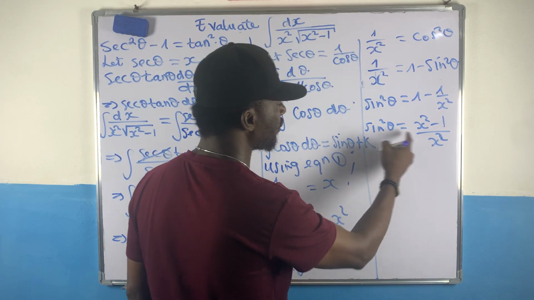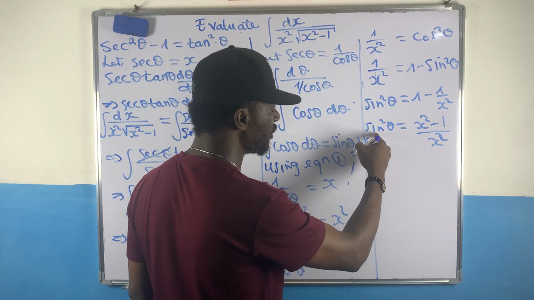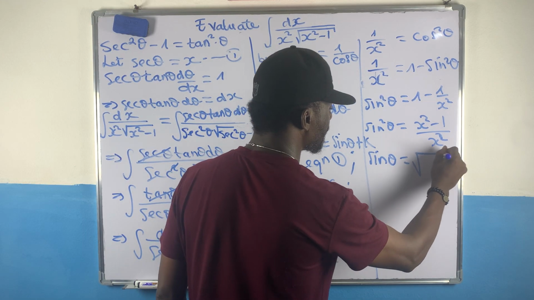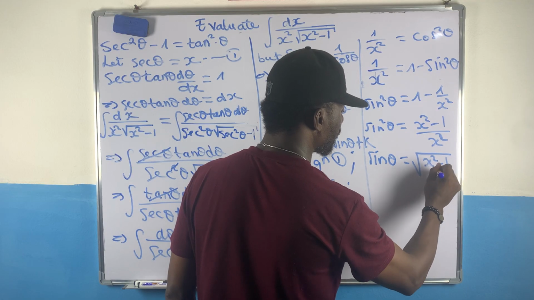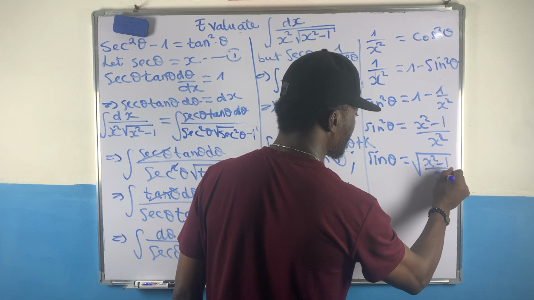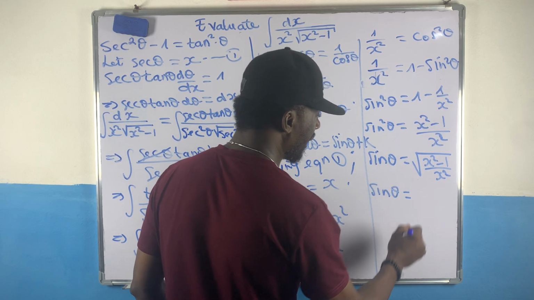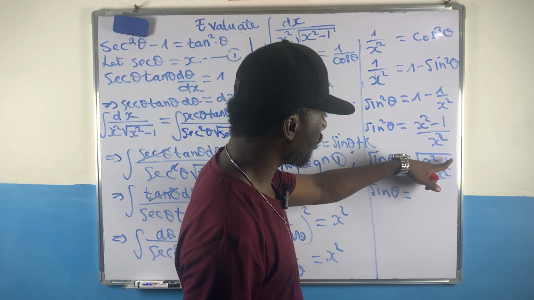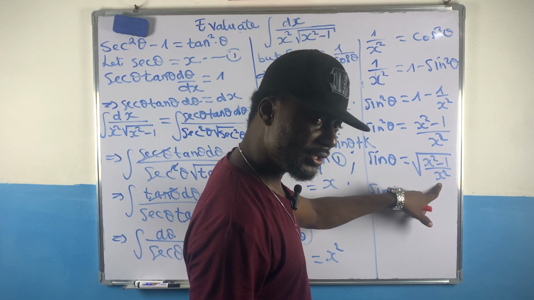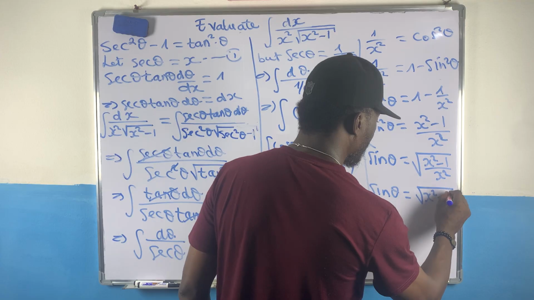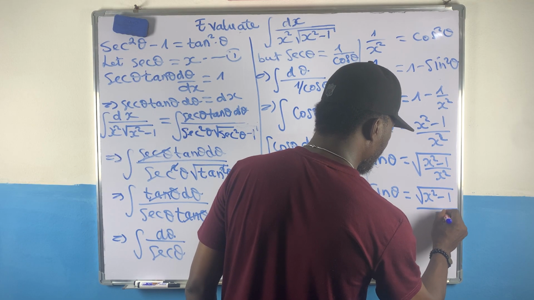Now when we take the square root on both sides so that we can have a relationship for sin theta, we're going to have sin theta equal to the root of x squared minus 1, all that divided by x squared. The square root on the numerator and the square root on the denominator will give us the root of x squared minus 1, all that divided by x.